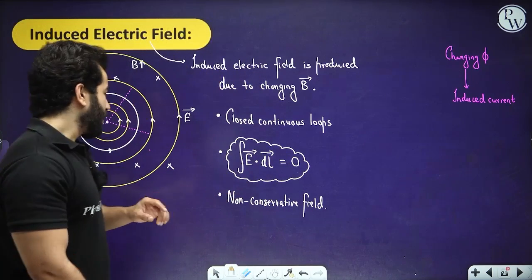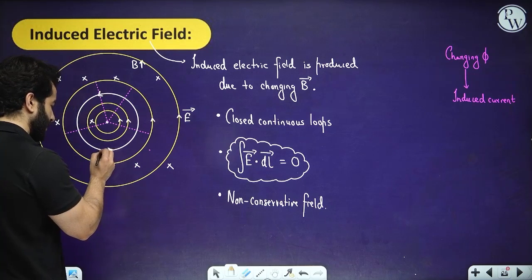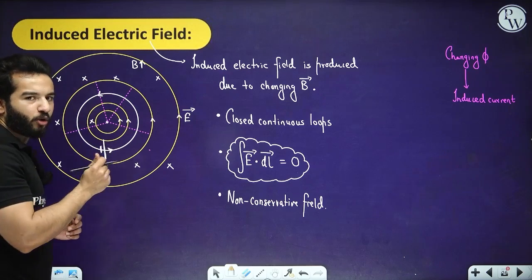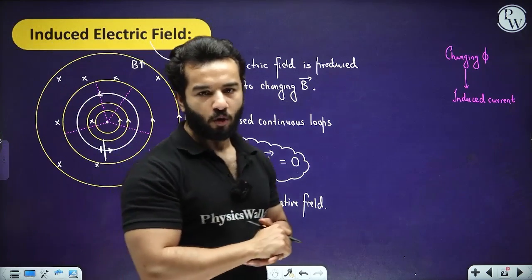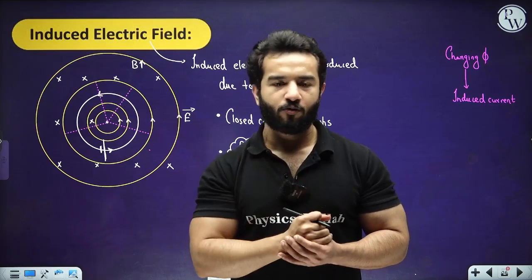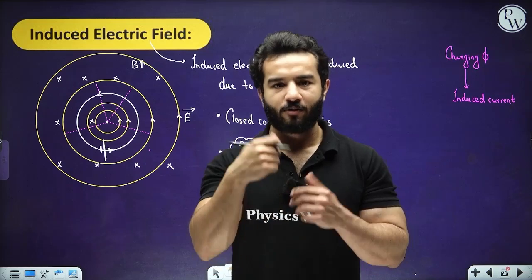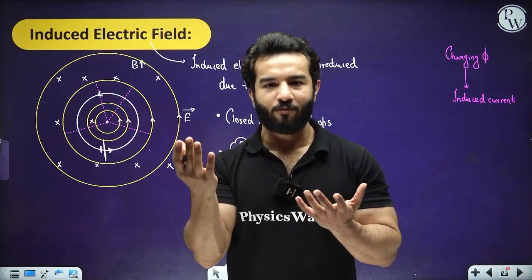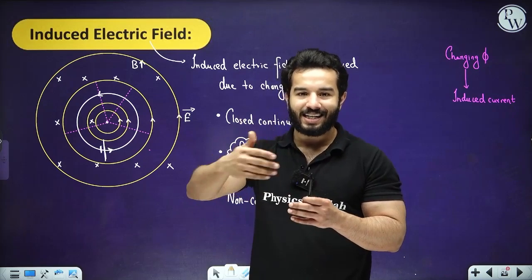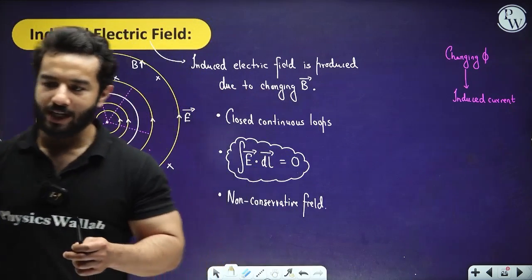You can also understand it this way: let's suppose this was the loop, and I have got a fictitious battery over here, which has an EMF of 2 volt. Now if I move one charge around the loop once, the total work done is 2 joule. If I move it again, the total work becomes 4 joule. Which basically means that work keeps increasing, which is not something that you have learnt in conservative forces. Are you getting it?